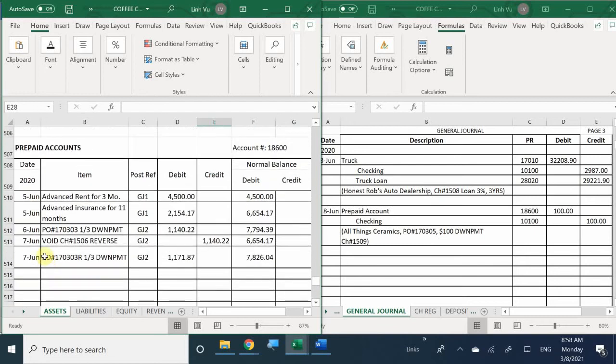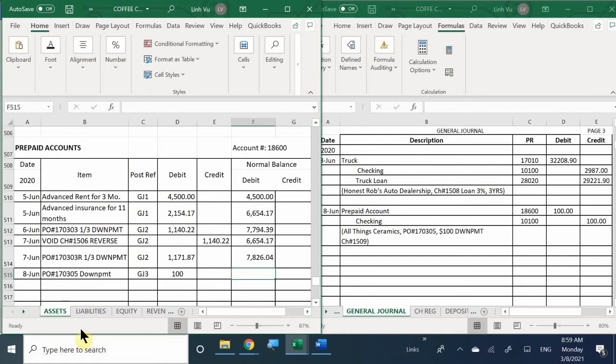Here I am at prepaid accounts, and I'm going to enter in the date, as well as the PO number 170305, and I'm going to put down payment, General journal number 3, and again, it's going to be for $100.